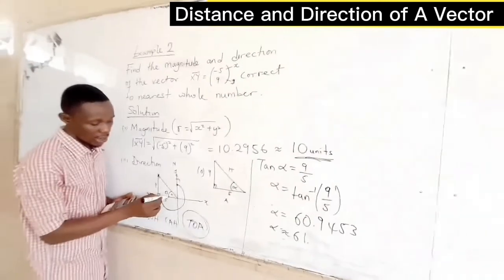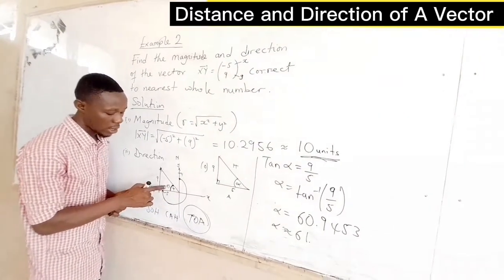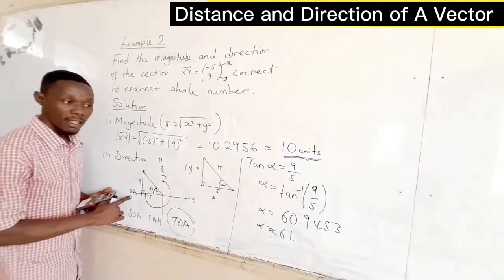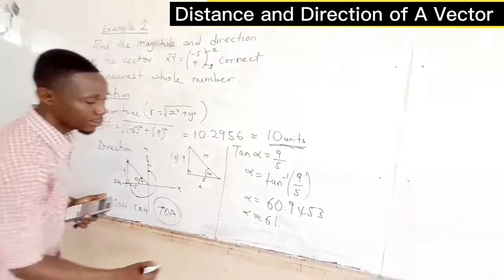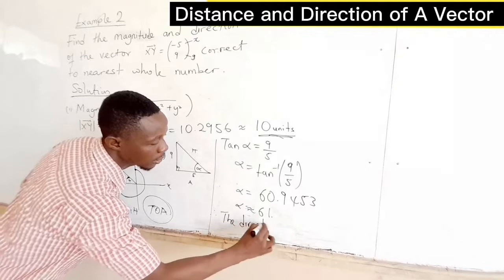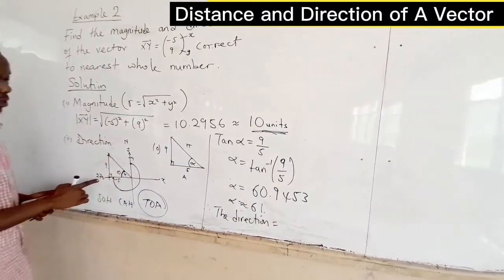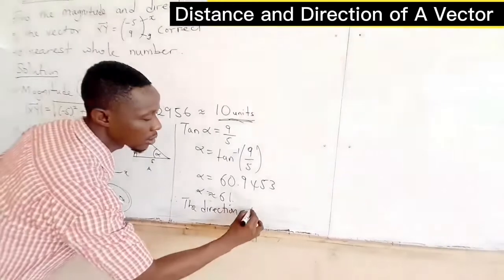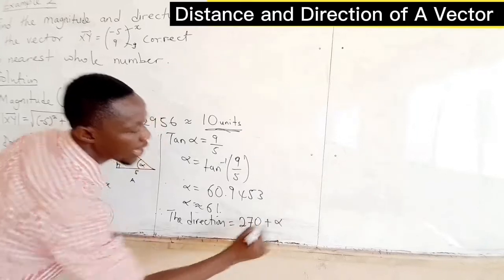But we need this one in addition. So we add 61 plus 270. Therefore, we can see the direction will be 270 plus the alpha.